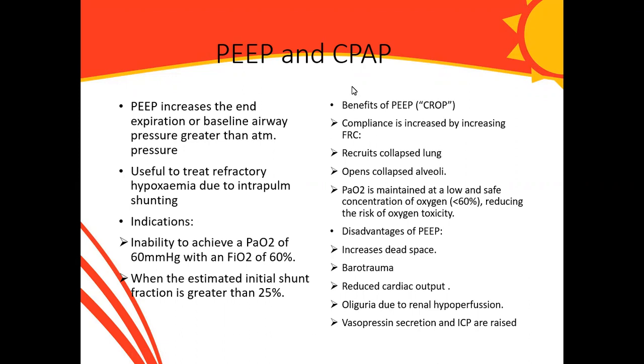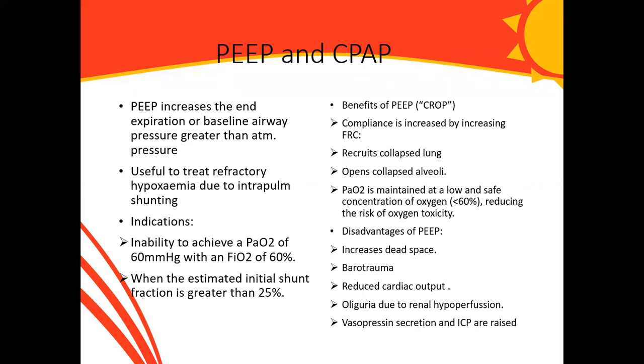It helps to open collapsed lung, and it maintains PaO2 at a low and safe concentration of less than 60%. Like every therapy, PEEP also comes with its own disadvantages.